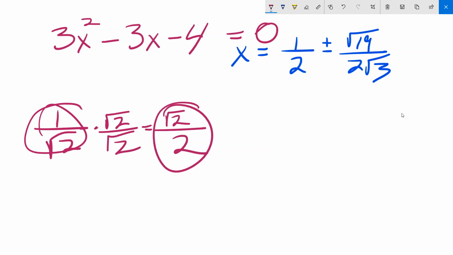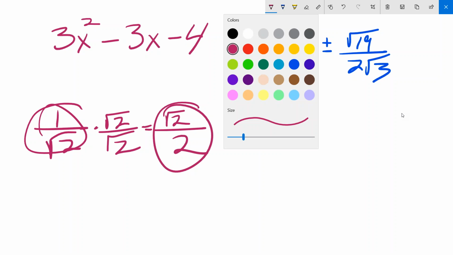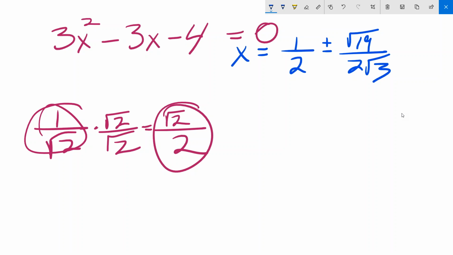So how do I rationalize root 19 over 2 root 3? You'd have to multiply the top and the bottom by 2 root 3. Just root 3 will do. In other words, you want to do it as simply as you can. You can multiply any fraction by the number 1, and root 3 over root 3 is the number 1.